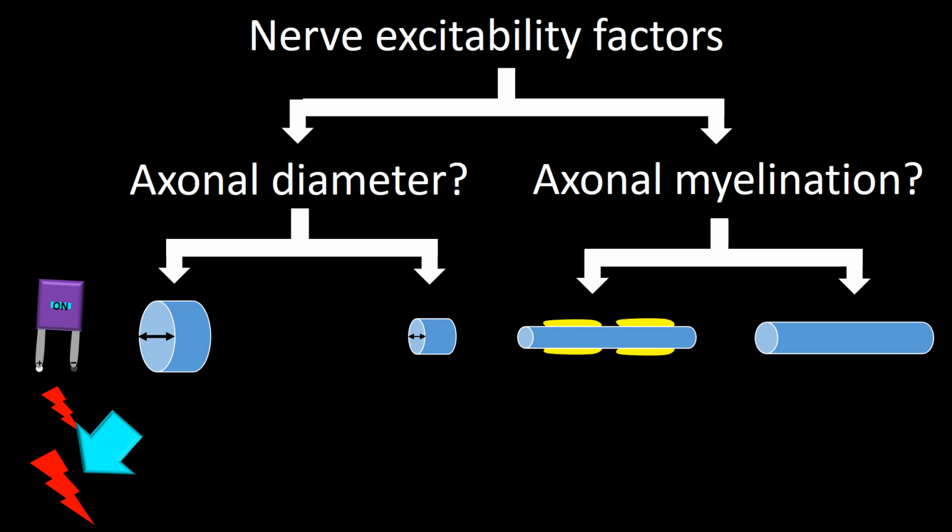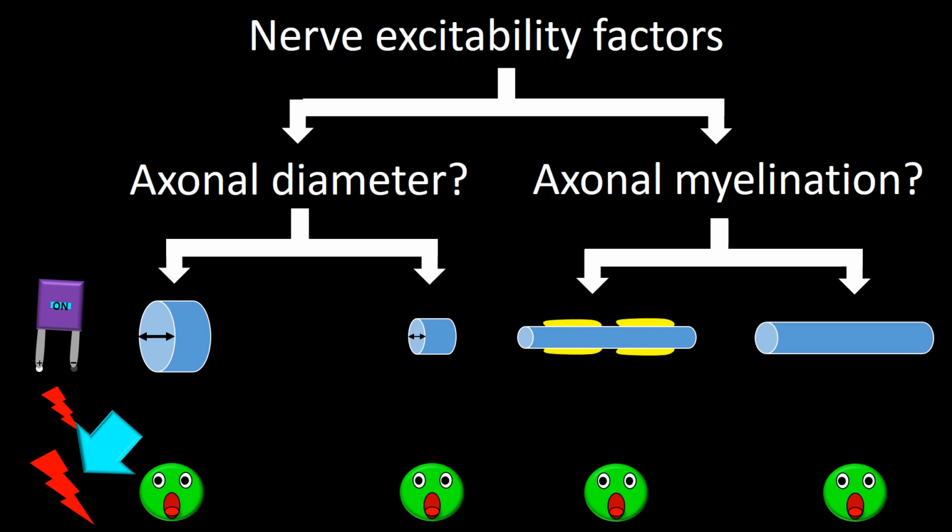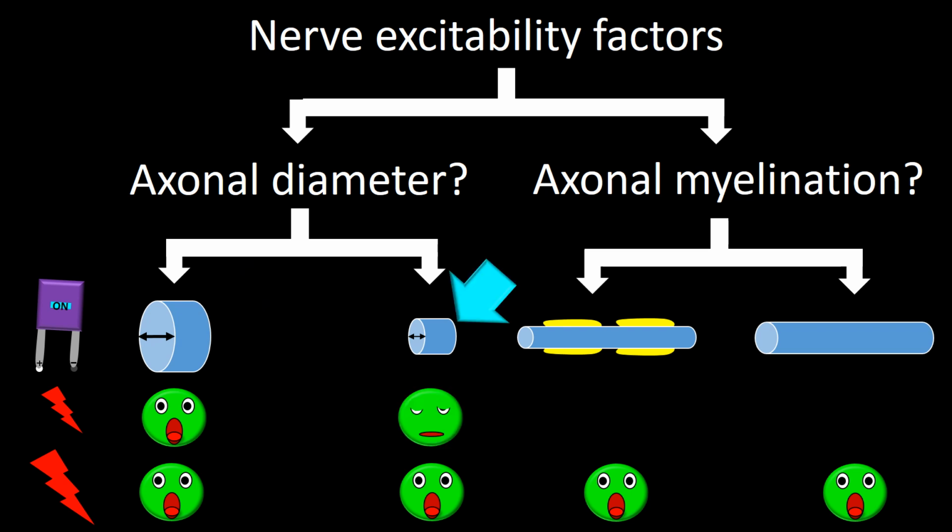The strong stimulus is strong enough to produce excitation in all fibers. The smaller stimulus produces excitation in the thicker unmyelinated axon, but does not excite the thinner unmyelinated axon.